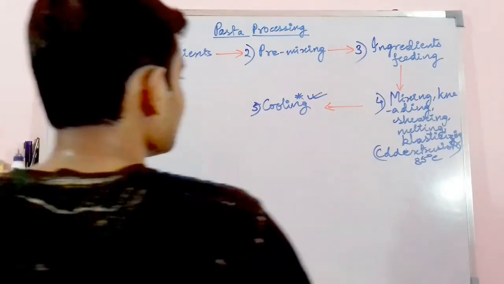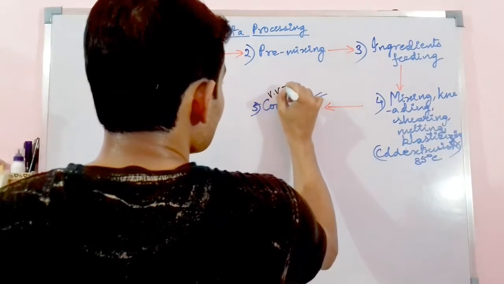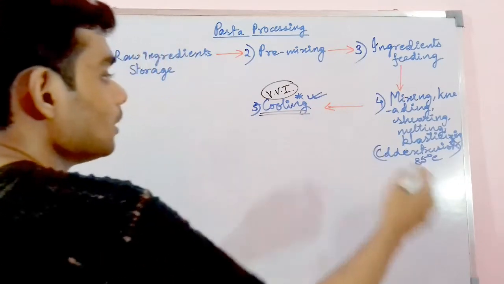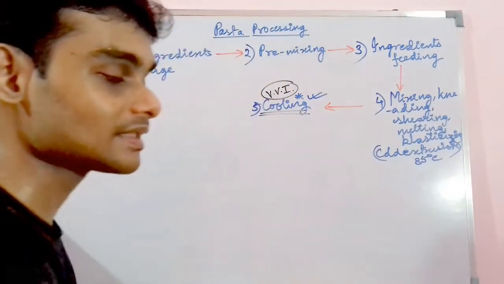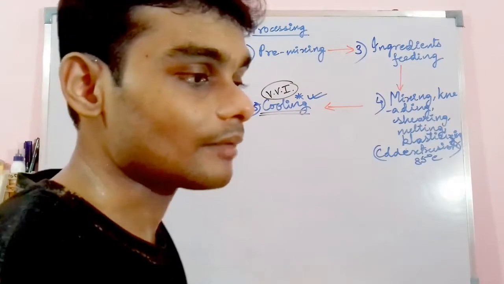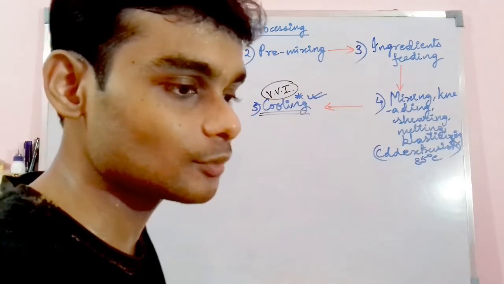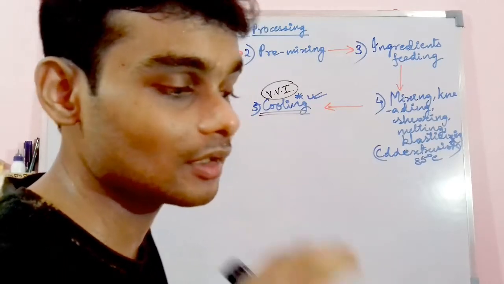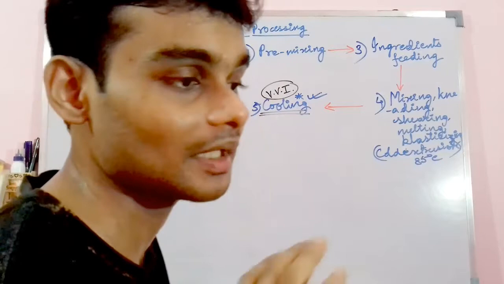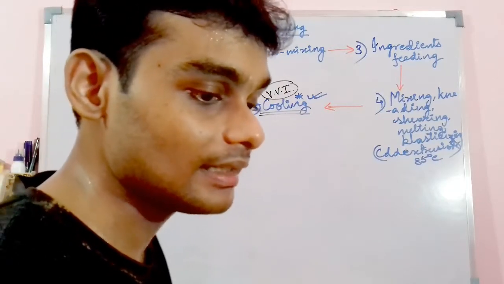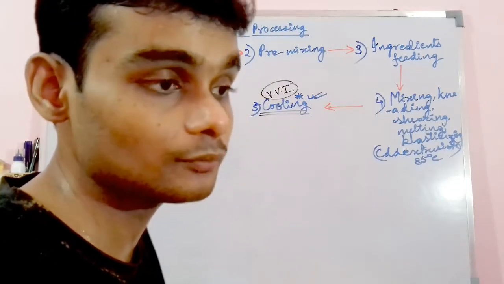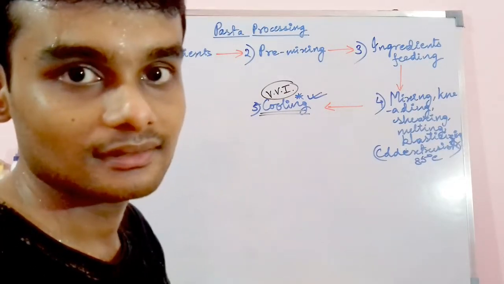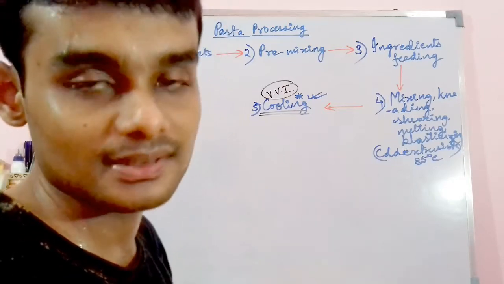This particular step here is very, very important, because without cooling, if it is immediately subjected to drying, any kind of drying, the temperature in the drying machine would be a little bit higher, because some hot air is being given, or the blower or sparger is continually running, and the machine would carry some amount of hot air, which cannot achieve the desired hardness for making the shape of the pasta.